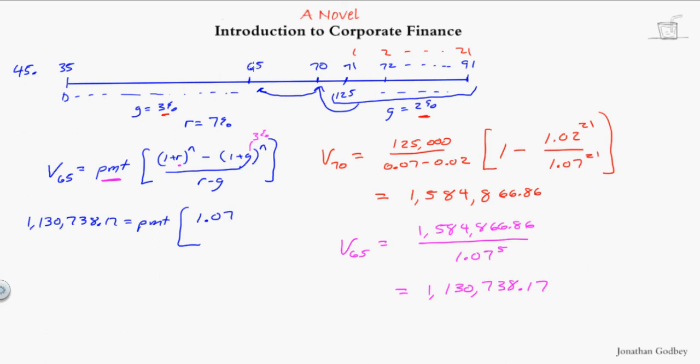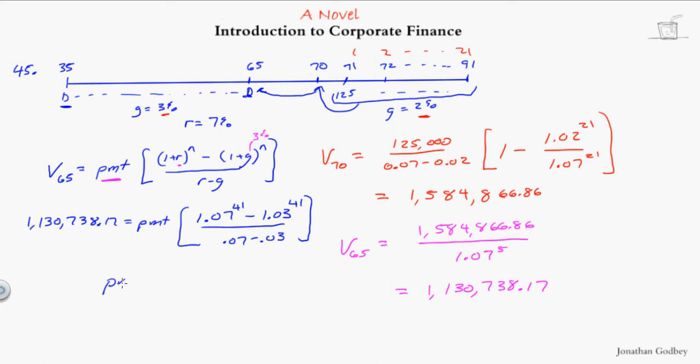How many of these do I have? I have 41. Right? I'm making 41 deposits because the first deposit is made today. The last deposit is made at year 65, minus 1.03 because it's growing at 3%. I'm increasing the deposits each year by 3% to the 41st. All that divided by 0.07 minus 0.03.